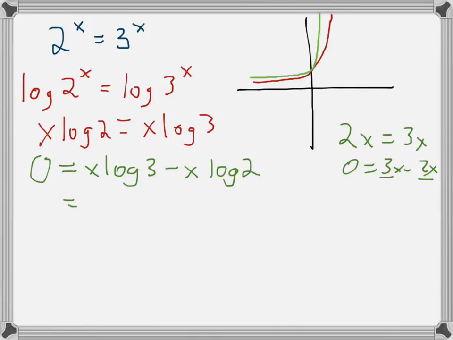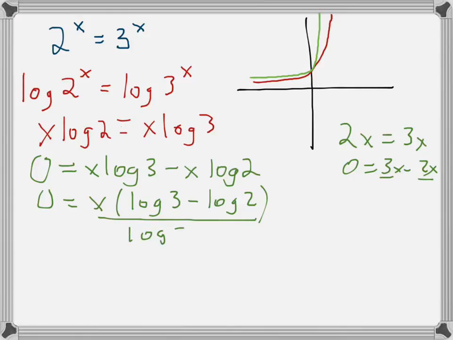And then, since both of these terms have an x, I can actually factor out an x. I know the left side is 0, and hopefully you could see that the answer is 0, but sometimes when these answers are more complicated, like the left side is 1 or something like that, the idea here is I want to just divide out whatever log 3 minus log 2 is to both sides. And in this case, just because I'm doing 0, x is equal to 0.